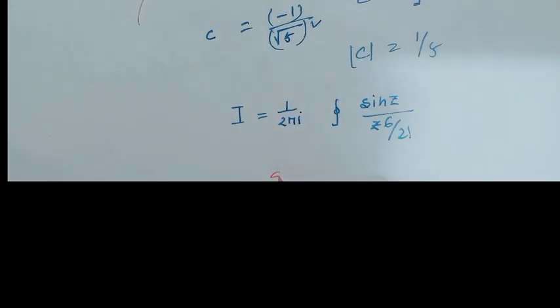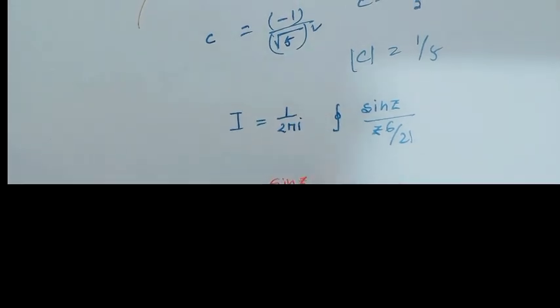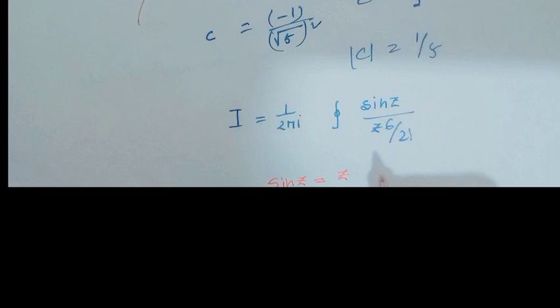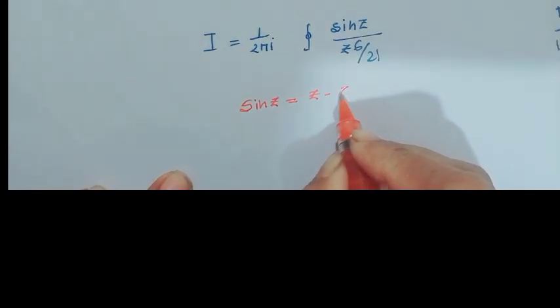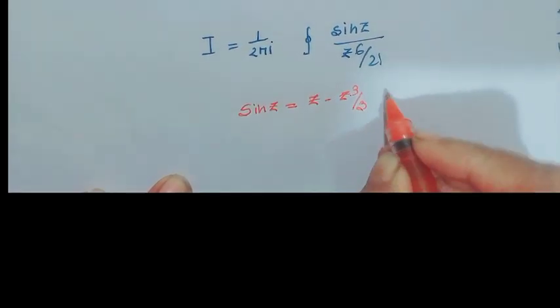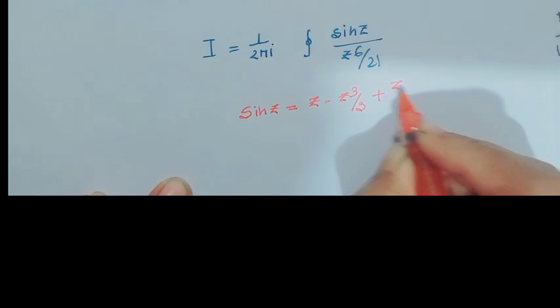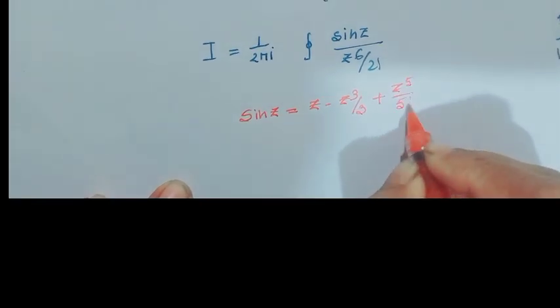Here, given sin z equals z minus z cubed over 3 factorial plus z to the power 5 over 5 factorial, and so on.